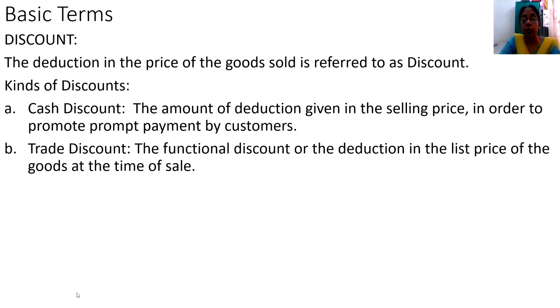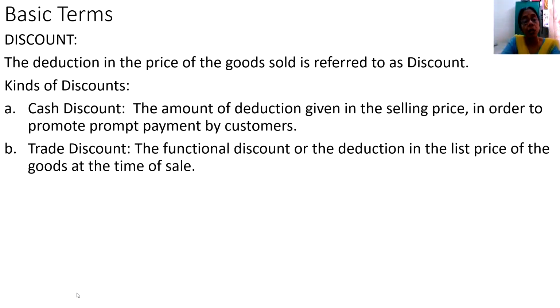Discount can be of two types. Either it could be a cash discount or a trade discount. Normally, trade discount is the discount that is being given on the list price of the goods at the time of the sale. This trade discount is offered to the customers on the bulk purchases of the goods. So we say it is a bargain price.